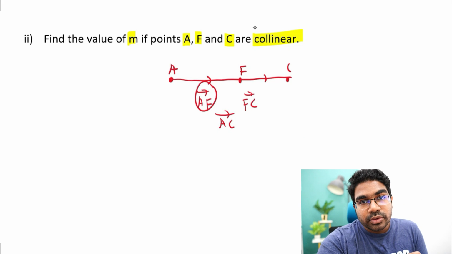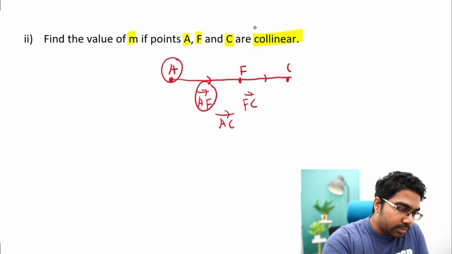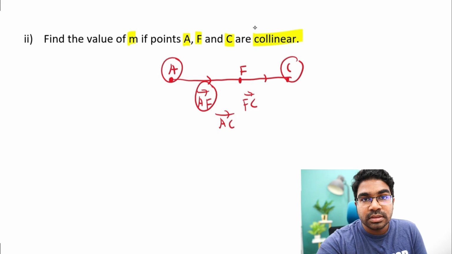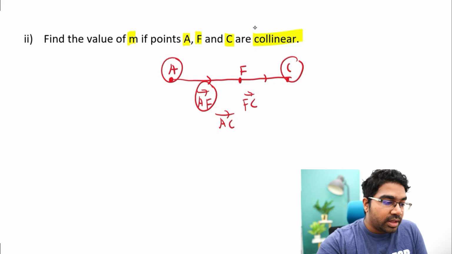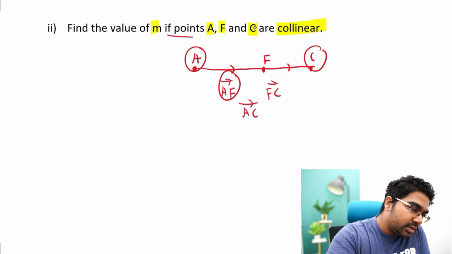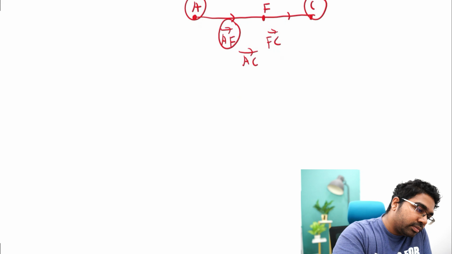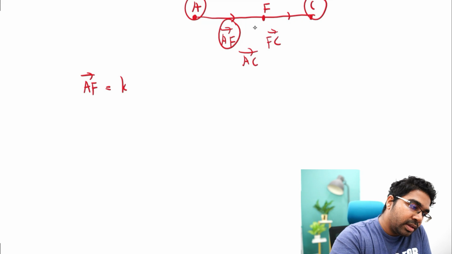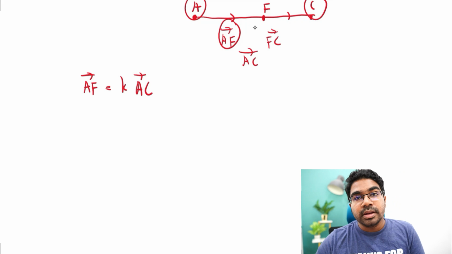So what's the second one that you choose? Choose AC. So we are going to say that if they are collinear, that means AF must equal a constant, let's call it k, times AC, because AF is parallel to AC.